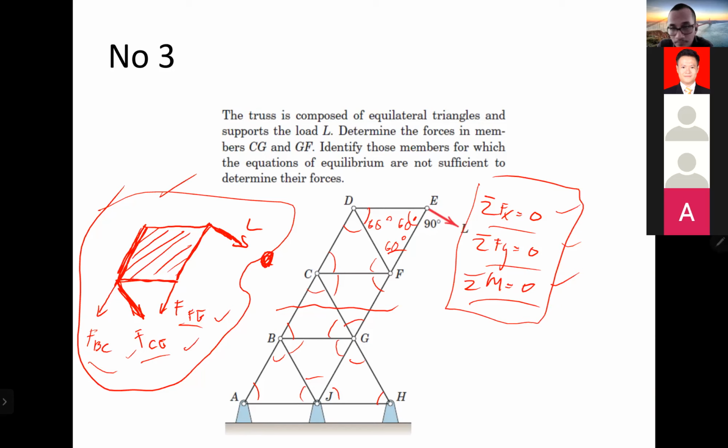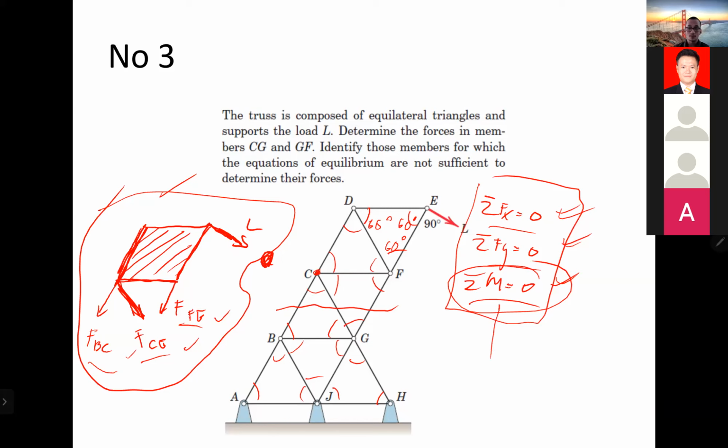And among these three equations, sigma Fx, sigma Fy, and sigma moment, which one are we supposed to use first? You can use Fx first, I think. No, the best one is sigma moment at point C. Actually, you can use any of those in whatever sequence that you want. But this one is the best one.